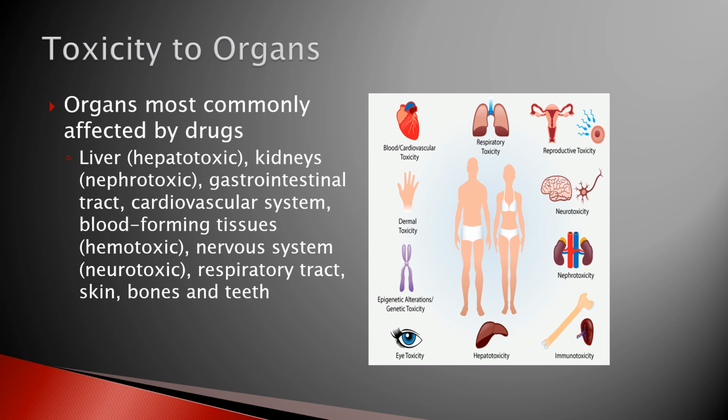So those two organ systems are going to be the ones that get damaged more frequently when it comes to taking these antimicrobial drugs. However, I do not care if you guys know those terms: hepatotoxic, nephrotoxic. I'm sure you can understand that what we're saying is it's just saying the location of where that toxicity is occurring and causing damage.